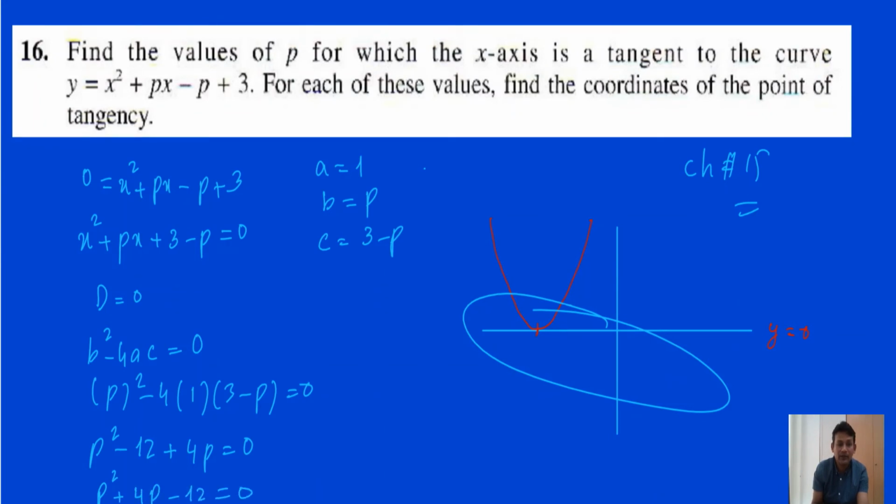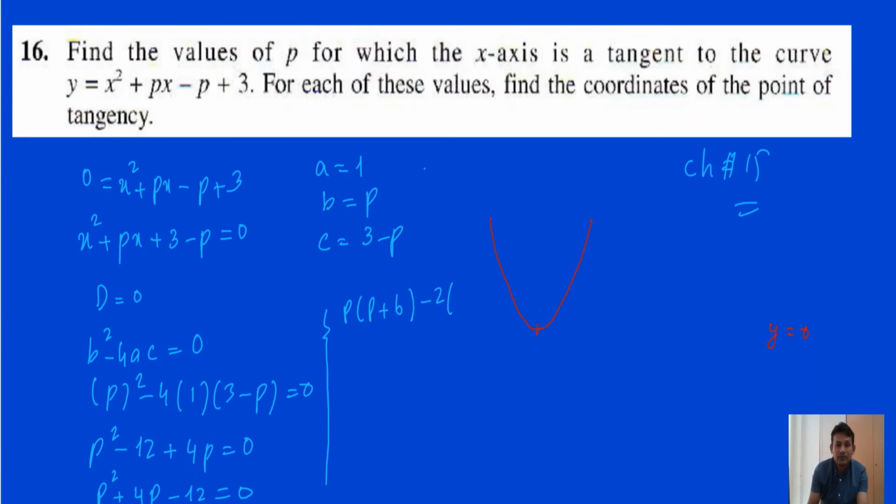What are the factors? The factors are plus 6p and minus 2p. So p is common: p plus 6, and minus 2 is common.